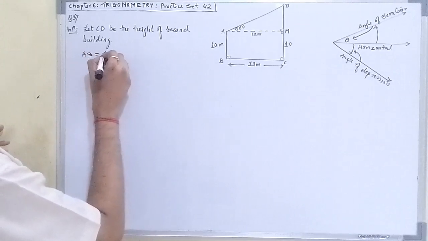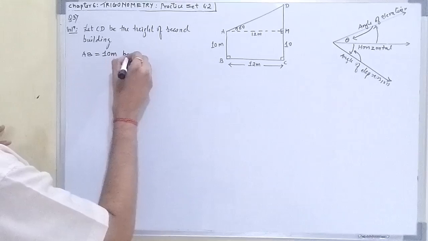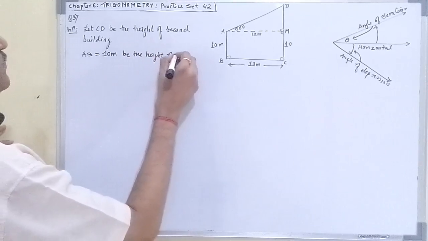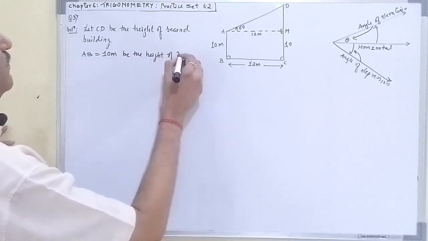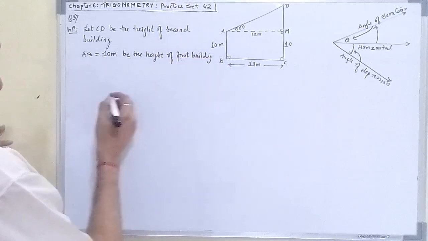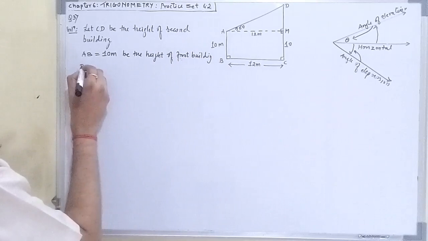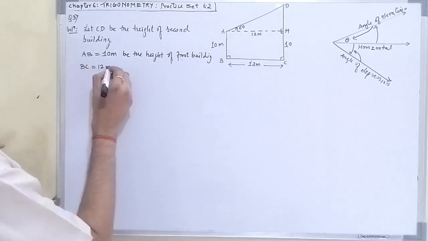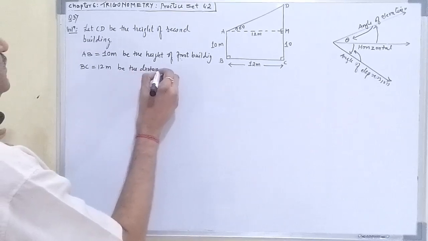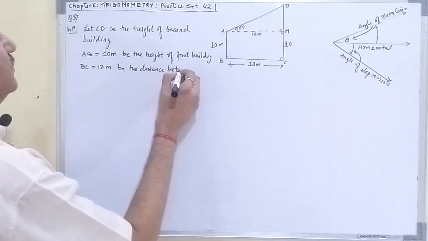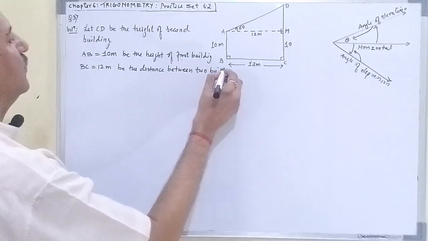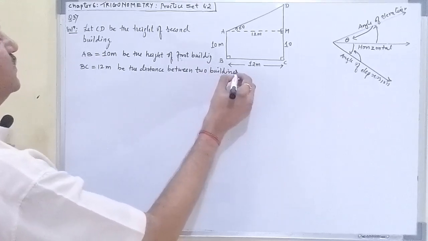AB equal to 10 meters with the height of first building. BC equal to 12 meters with the distance between two buildings.